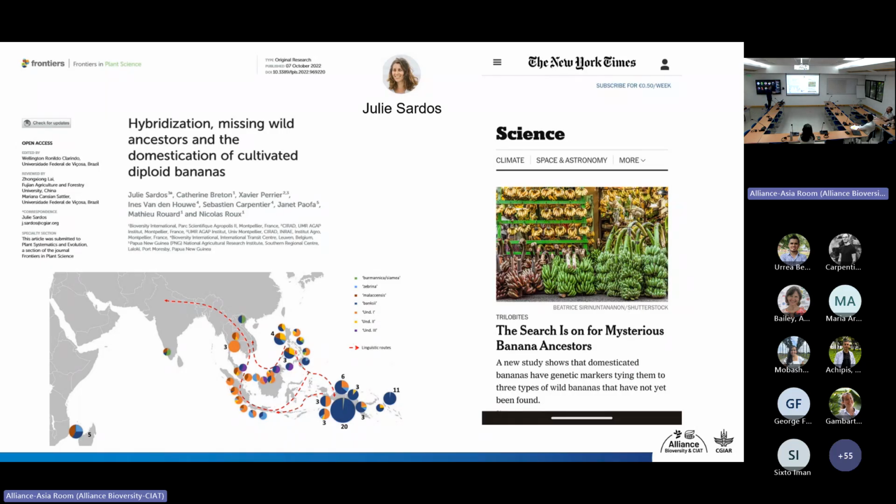And what we could see is that there was a very important center of diversity in Oceania. So it shows the importance in domestication of Papua New Guinea, because many diploid banana have a background with Musa banksii. We could see also the spread of introgression, and we could demonstrate that there was a lot of introgression, much more than we expected.